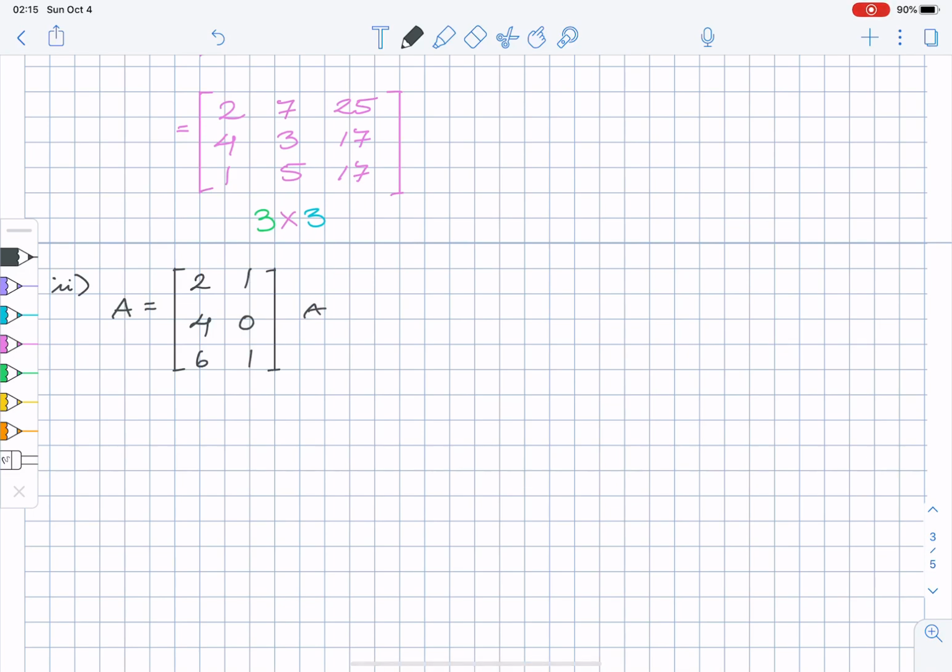And let's have that B is equal to 2, 4, 6, 8, 9, 10, and let's kick it up a notch, 11, 0. So find AB.